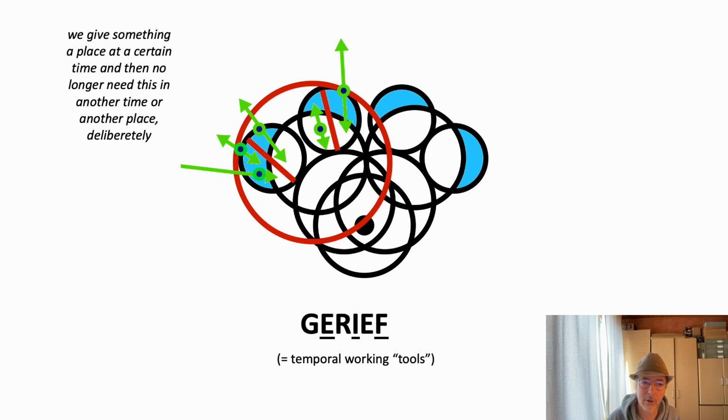We not just lose things undeliberately, but we deliberately say, okay, we no longer need it this time or in this place, but maybe in some other place we can use it. That's the meaning of GERIEF. It's about tools, but tools that you can only use at a certain time and a certain place, and you move them deliberately into different places and different time schedules.